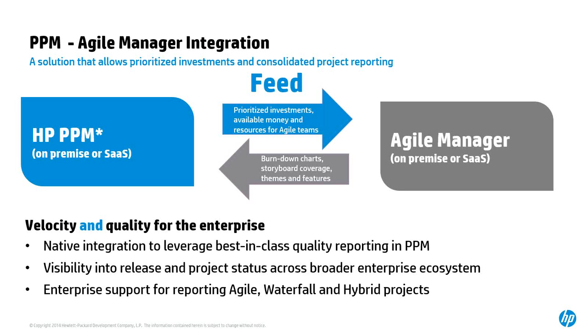So getting velocity and quality for the enterprise and visibility into release and statuses across at the team level all the way up to the executive level. And with the PPM being able to help support at an enterprise level reporting on Agile, waterfall, and hybrid projects.